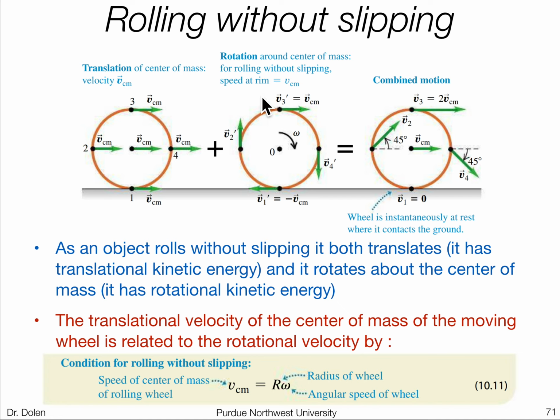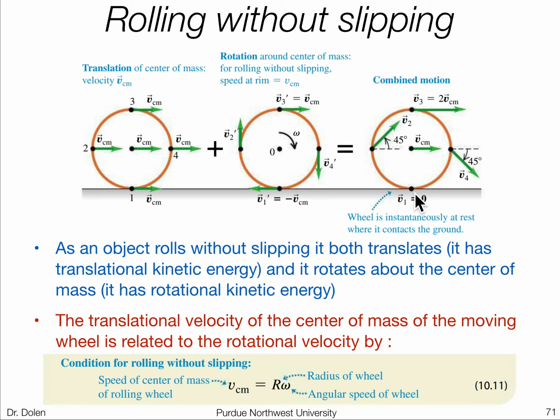So if I add together these two concepts, I get the combined motion of the wheel. The top of the wheel is moving really fast because the center of mass of the wheel is moving in this direction, and the wheel is rotating about that center of mass. So the top of the wheel is moving faster than the center of mass. The bottom of the wheel is not moving. It's not slipping.